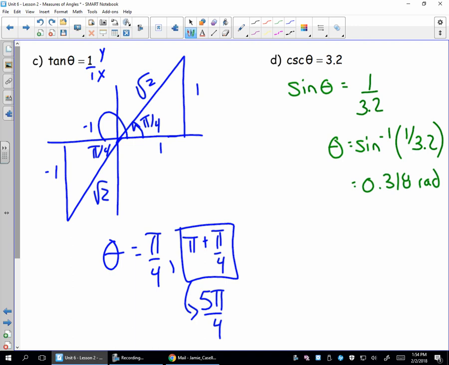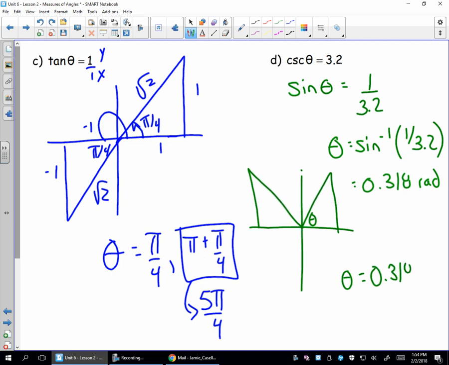Now that's one of the answers, but again, there's always two answers, A and S. The answer I found is that one right there. So one of my answers is, of course, 0.318. But the other one, theta number 2, is this amount. Well, that amount is pi minus this.